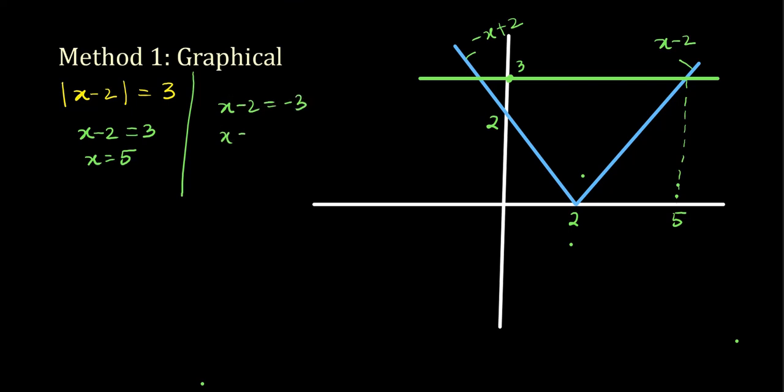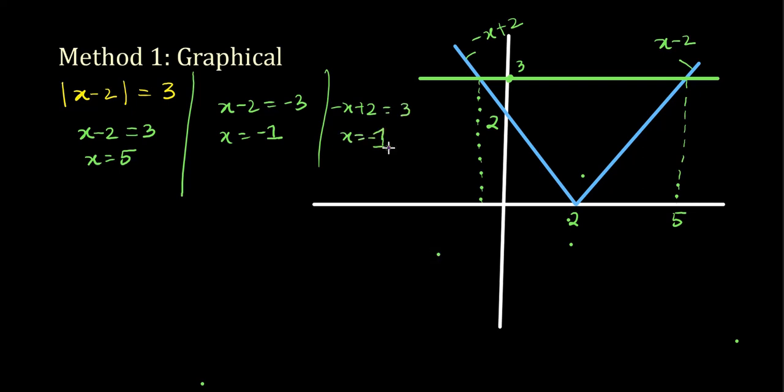So you will get x as minus 1. Or you may write this as minus x plus 2, because this equation is minus x plus 2 equal to 3. So x is minus 1.